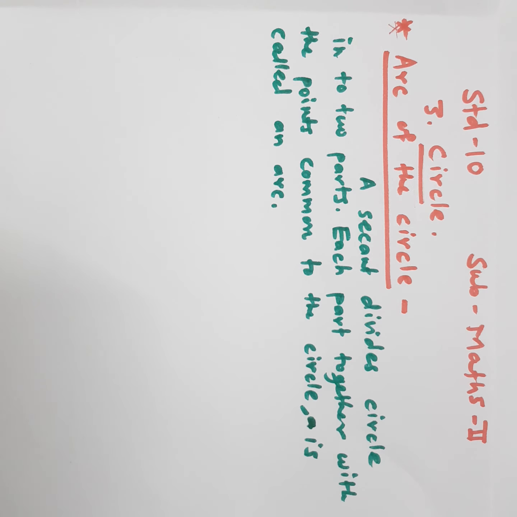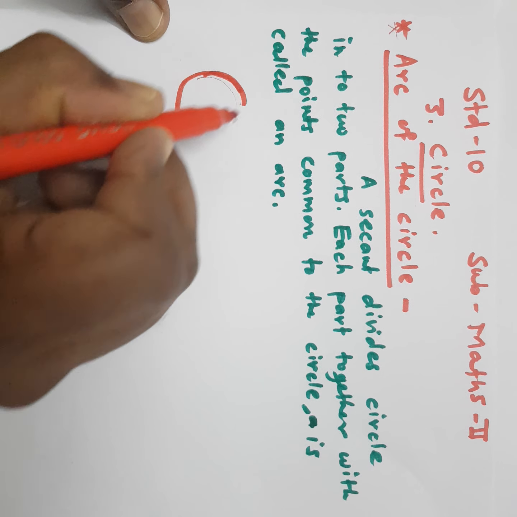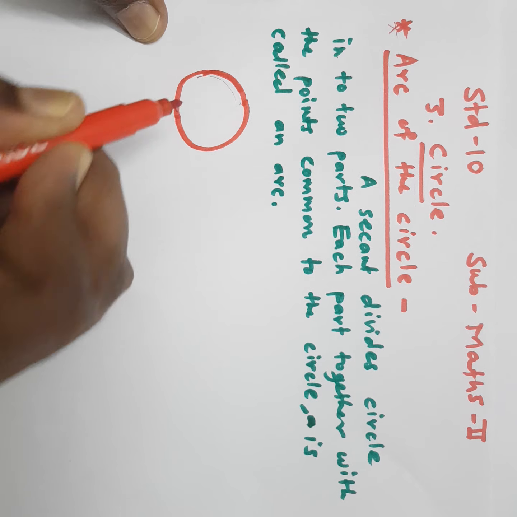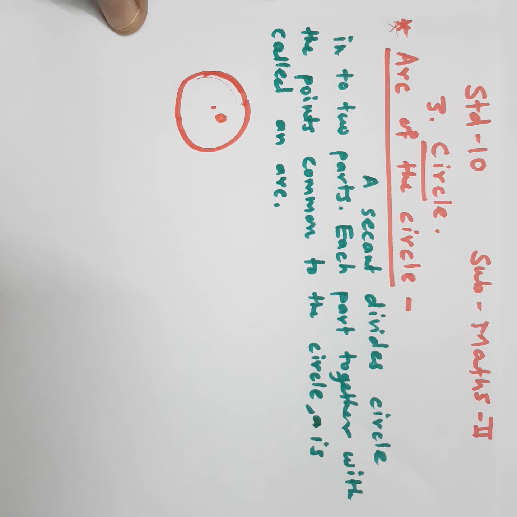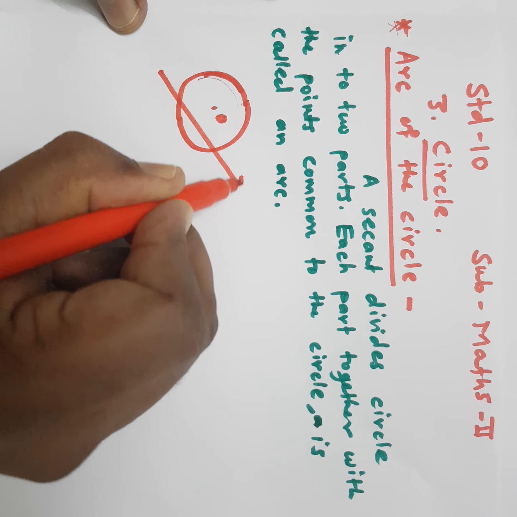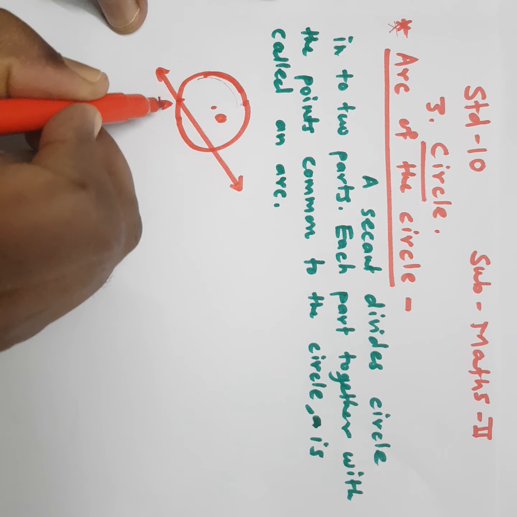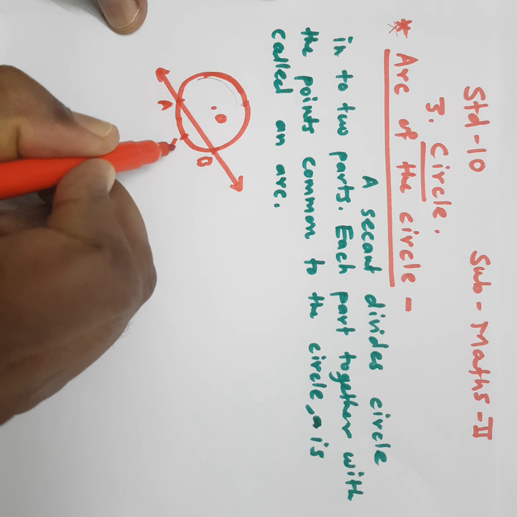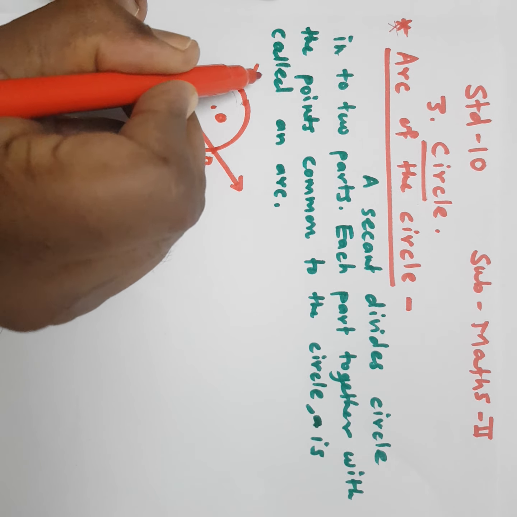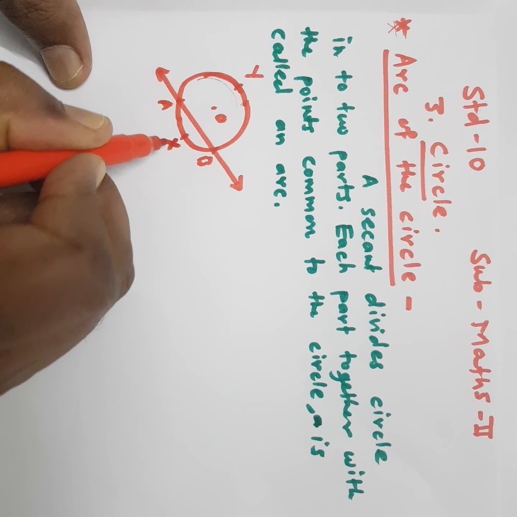Here, if we draw a circle with center O, and draw any secant, suppose AB is the secant, we will take any other two points on the circle, X and Y.